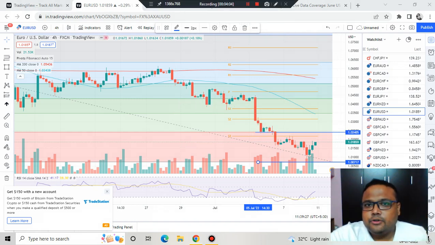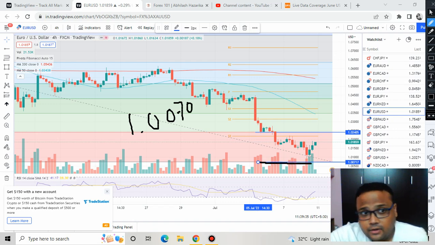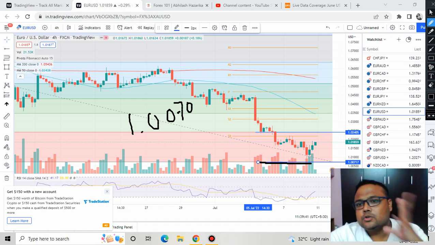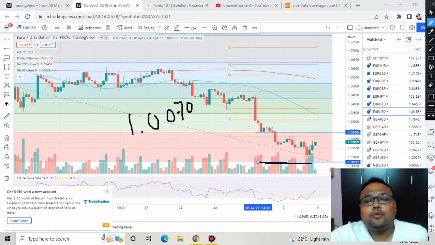The second trading opportunity is around 1.0070, around this level. As we can see, when the market was falling sharply, this was the level from where the market tried to bounce. So we still do not have the confirmation whether strong buyers are present or not. We just have the information that the market tried to bounce from this level.